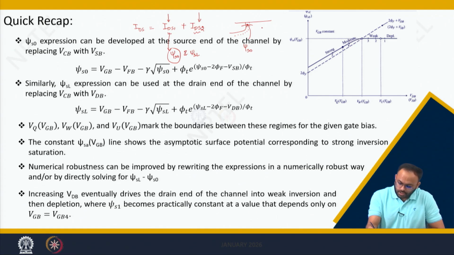So, this is psi s0. Similarly, if this side is drain, this voltage is psi sL.